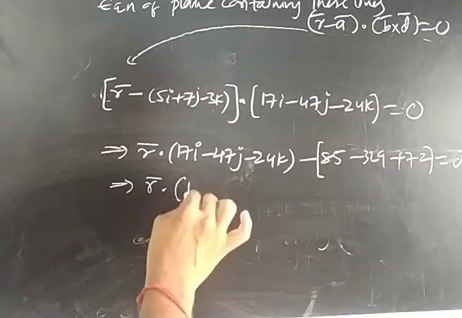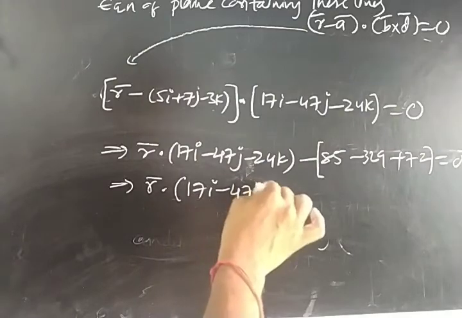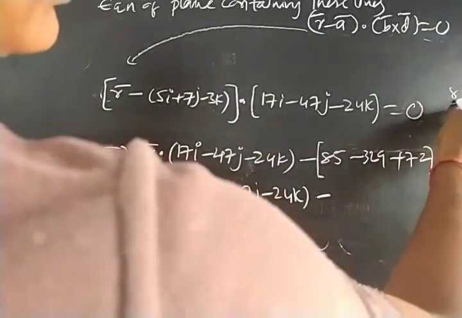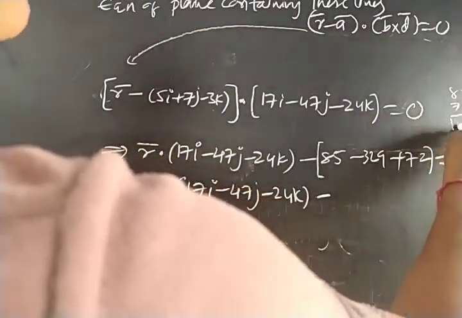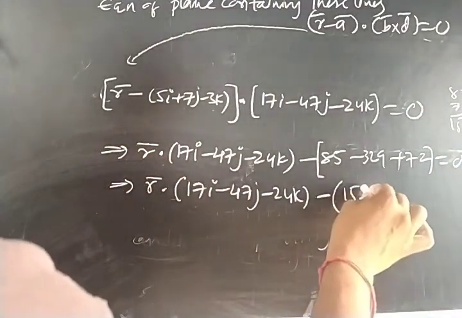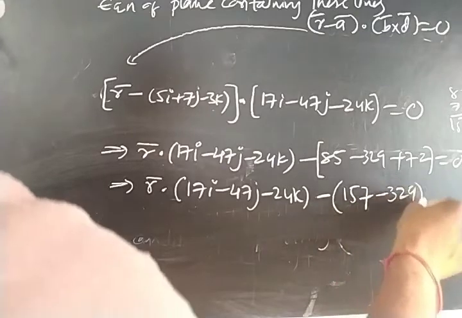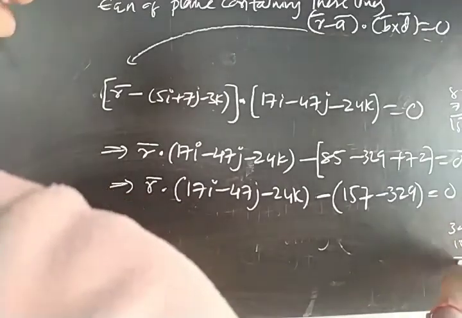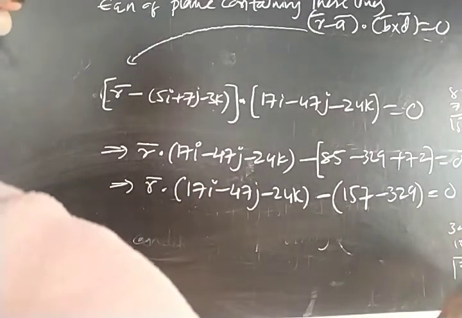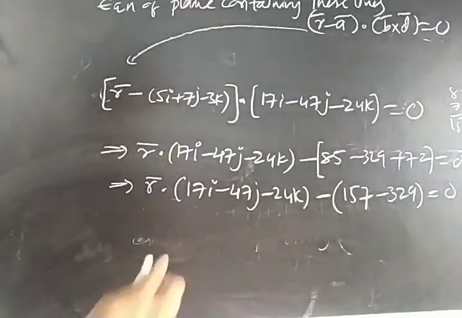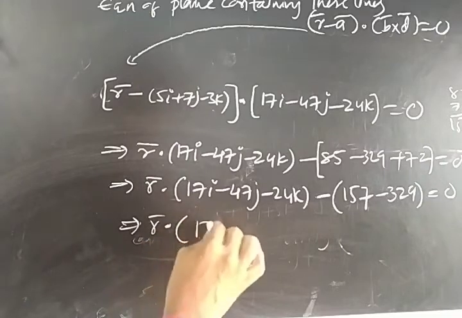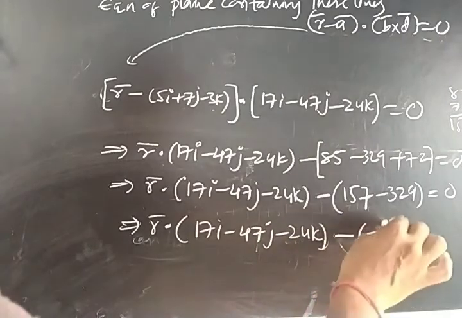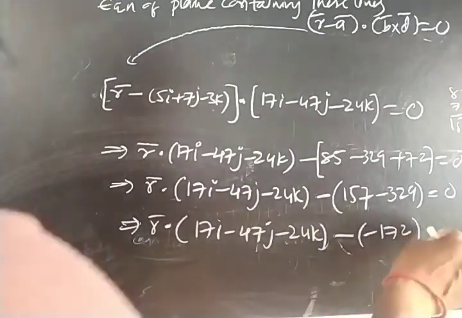So 85 plus 72 is 157, and 157 minus 329 is minus 172. So R bar dot (17i minus 47j minus 24k) minus 172 is equal to 0.